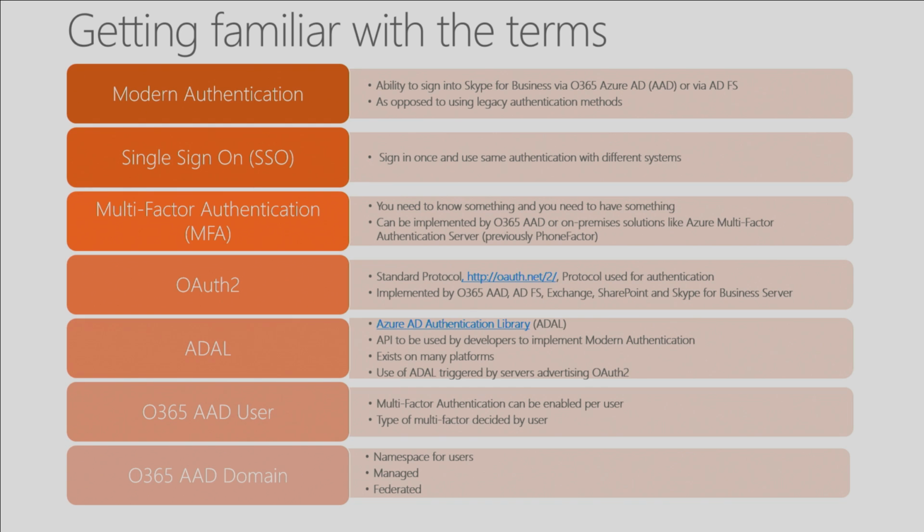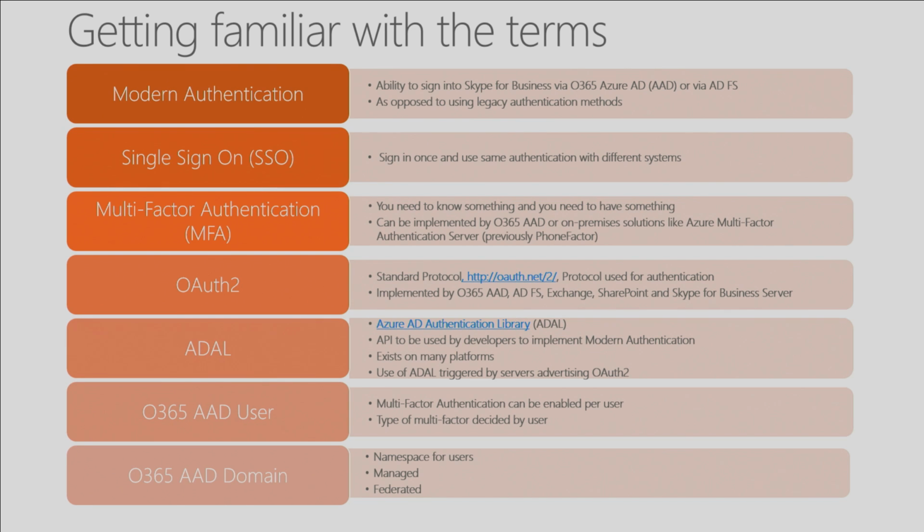So modern authentication is essentially your ability to sign into Skype for Business via Office 365, Azure AD, or via ADFS, as opposed to using legacy authentication protocols like passive authentication, which would require a separate, not user-friendly PIN, for example, or NTLM-based authentication. Those are some of the legacy authentication platforms that you might have been using.